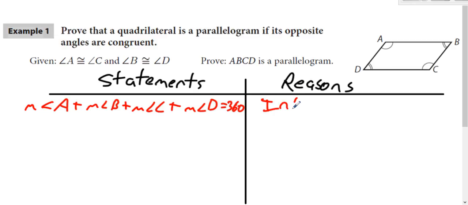And the reason is the interior angles of a quadrilateral always sum to equal 360 degrees.